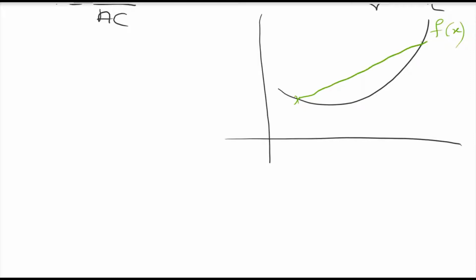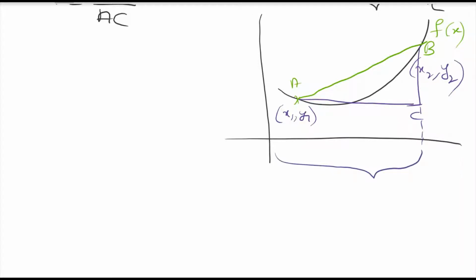If I take this line AB, let my A coordinate be x1 comma y1 and B will be x2 comma y2. For this line, they both meet at point C, and this distance is x2 here, and this distance is x1 here.